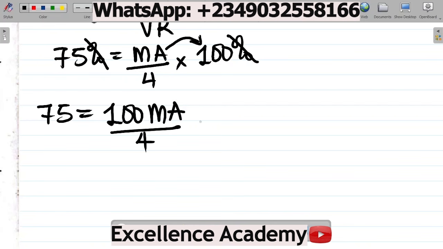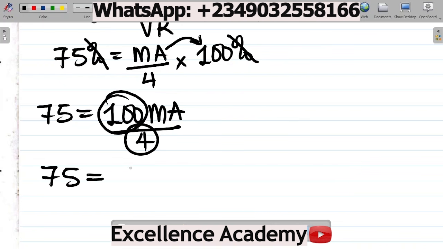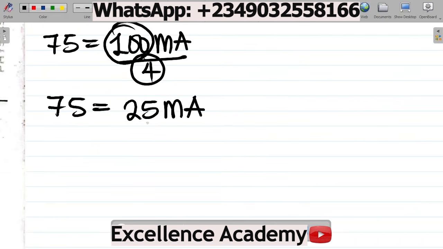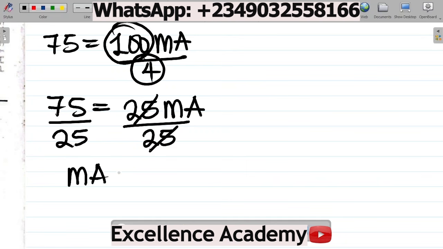From here, 75 is equal to 100 over 4, which gives you 25, times mechanical advantage. So we can get mechanical advantage by dividing both sides by 25. Mechanical advantage is equal to 75 divided by 25, which gives you 3. Hence mechanical advantage is 3.